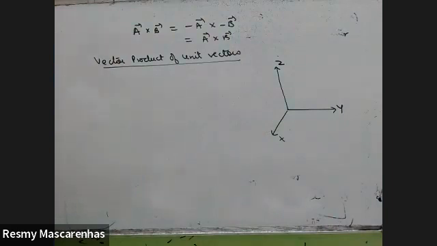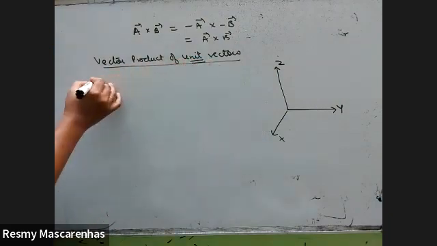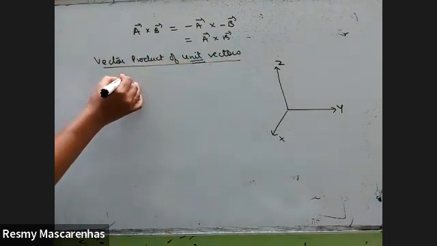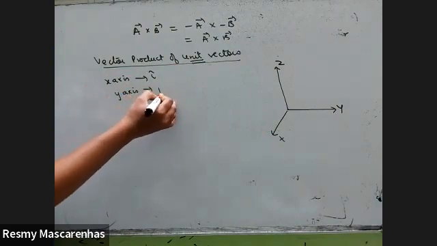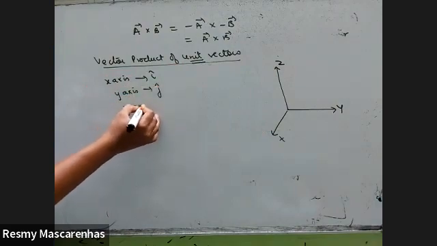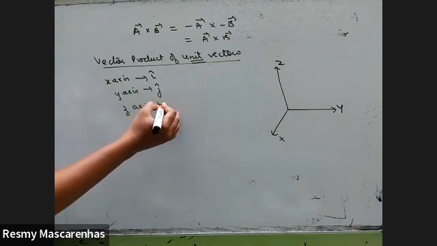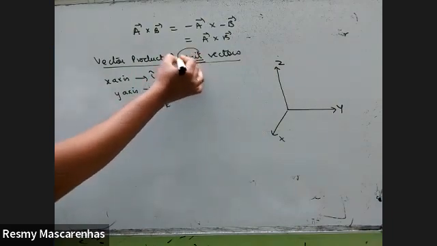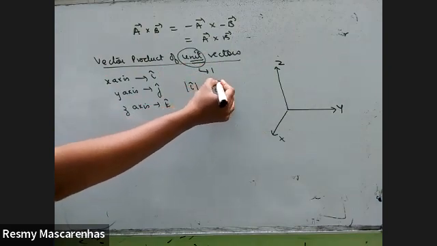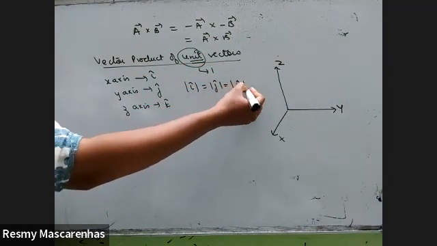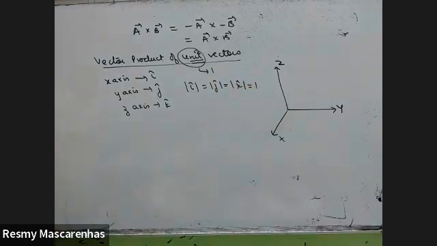Along every axis there is always a unit vector. Along the x-axis, the unit vector is i cap. Along the y-axis, the unit vector is j cap, and along the z-axis, the unit vector is k cap. What does this unit mean? The value is 1. Their magnitudes are always 1. That is the speciality of unit vectors.